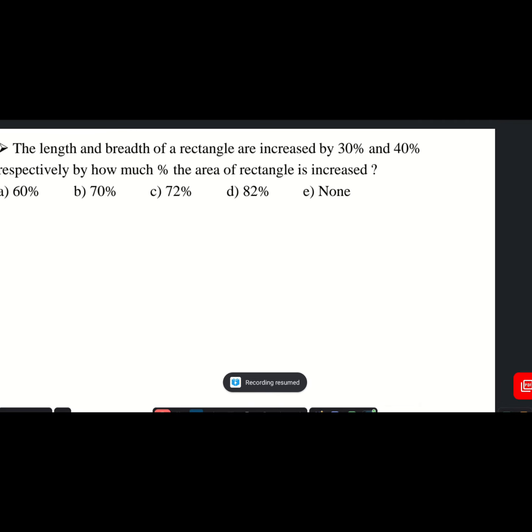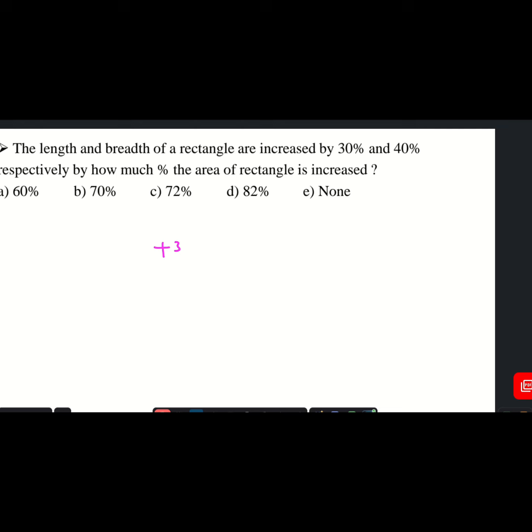Next question. The length and breadth of a rectangle are increased by 30 and 40 percentage respectively. By how much percentage is the area of the rectangle increased? Again, both of them are increased and both of them are integers.